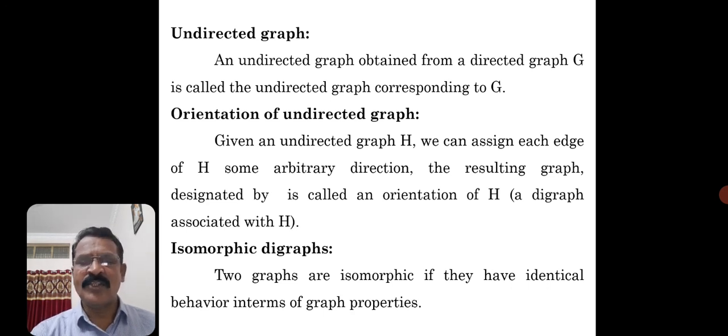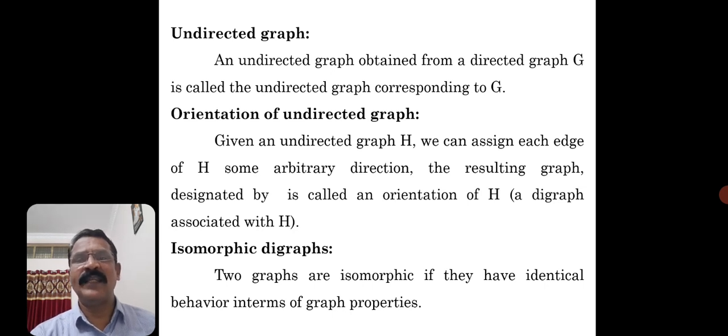Now isomorphic digraphs. We have studied isomorphism earlier, and here also: two graphs are isomorphic if they have identical behavior in terms of graph properties. Roughly speaking, the location of the vertices and edges is the difference, otherwise both are one and the same.